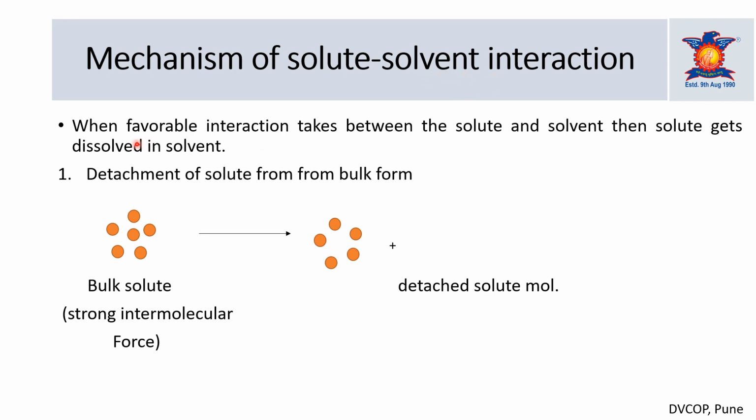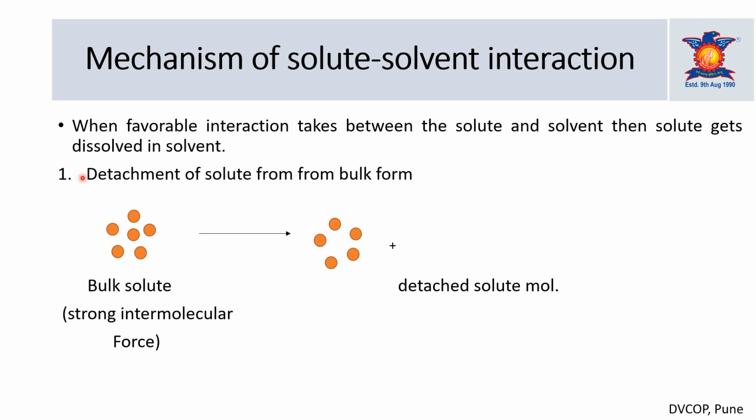When the solute and solvent interact, a favorable interaction takes place between them and forms a solution. There are mainly three steps by which the solute gets solubilized into a solvent. The first step is the detachment of a solute from the bulk form.